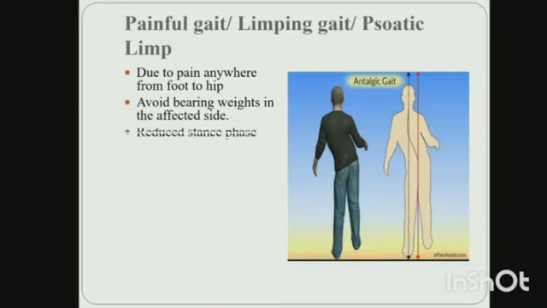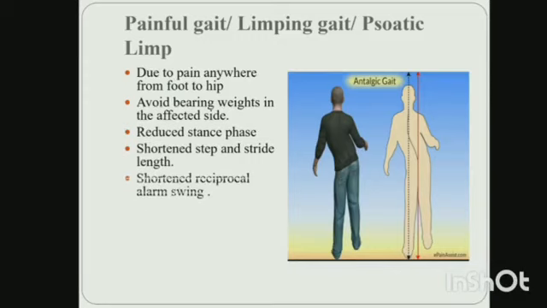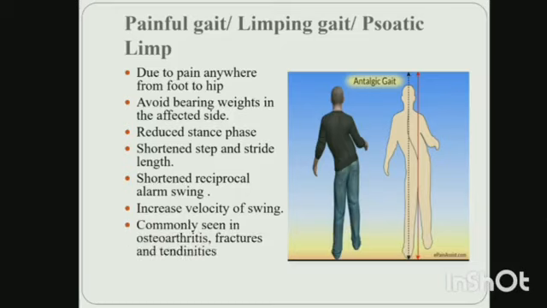In walking, there will be a reduction in stance phase, and there will be shortened step and stride length. There will be shortened reciprocal arm swing. In this gait, we will observe increased velocity of swing, and it is commonly observed in osteoarthritis, fracture and tendinitis patients.